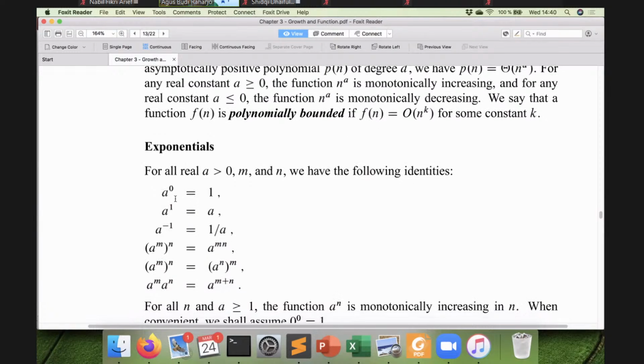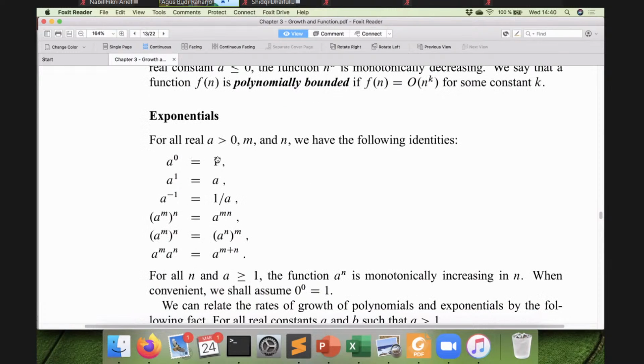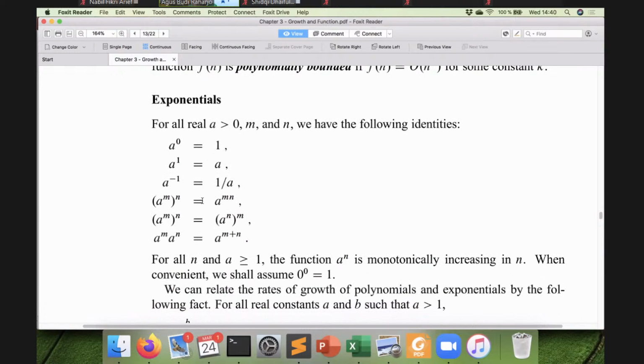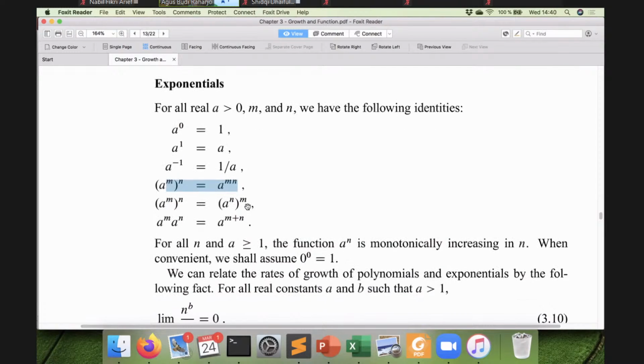So for the exponential, for all real a more than 0, m and n, we have the following identities. a to the 0 equals 1, of course, whatever to the power 0 is equal to 1. a to the power of minus 1 is 1 per a. This is a review of exponential computation.